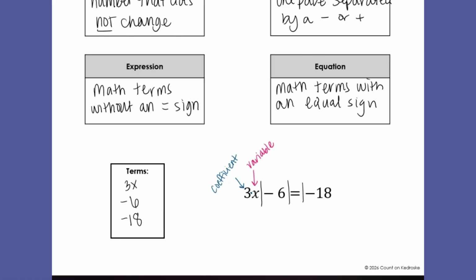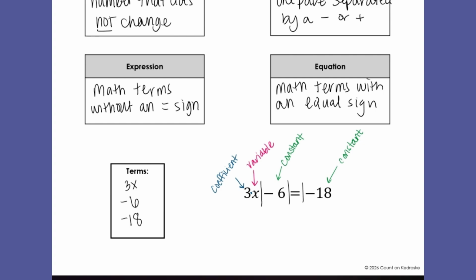So I've now labeled variable, coefficient, and terms. The other word was constant, the number that does not change. So essentially a constant is any number by itself, like -6 or -18. Those are all considered constants because those values don't change.